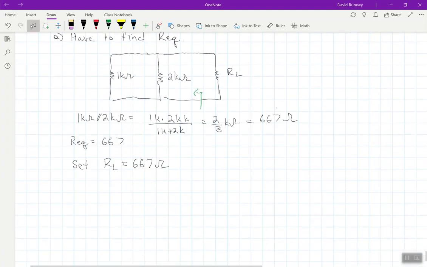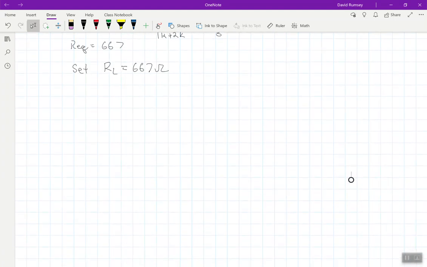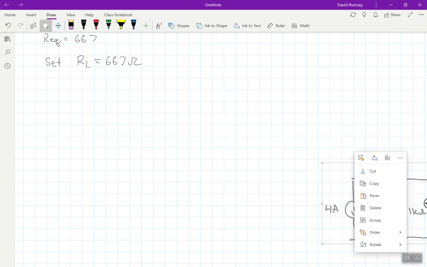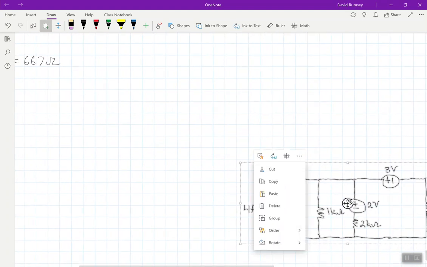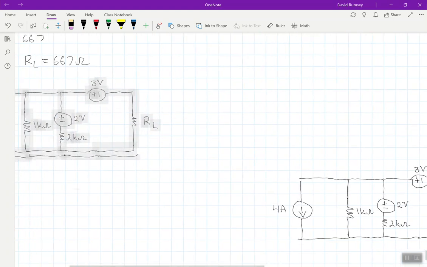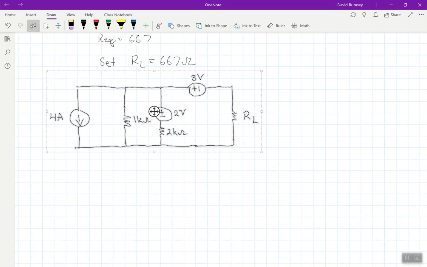Copy. Oh, there it is, but it's not exactly in a great spot, so let me move that over. It would have been easier if I just redrew the circuit, right? Okay, that's close enough.